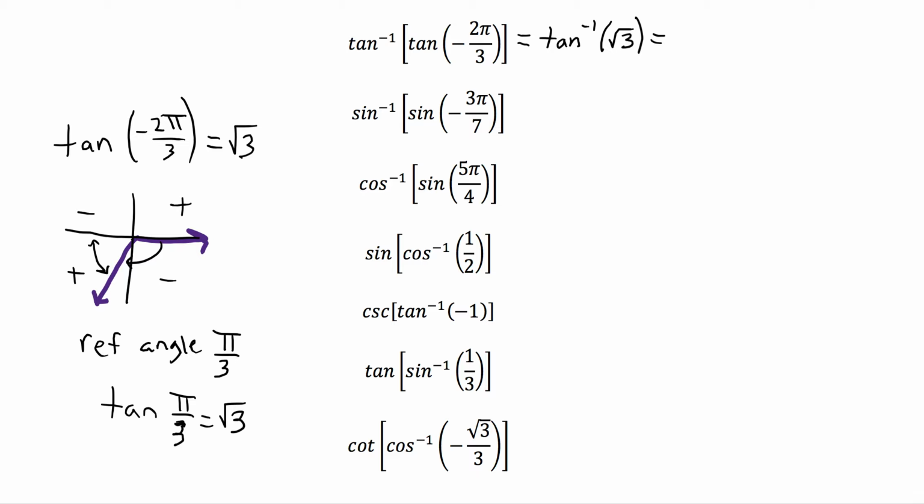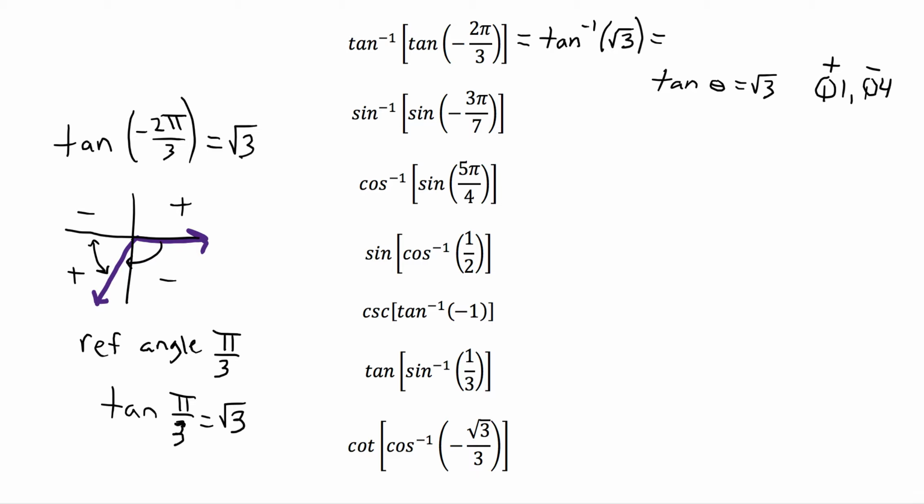All right, and now I think to myself, this is asking me for an angle where tangent is equal to square root of 3. My restriction on the inverse tangent is quadrant 1 or quadrant 4. Remember, quadrant 1 is for the positives, quadrant 4 is for the negatives.